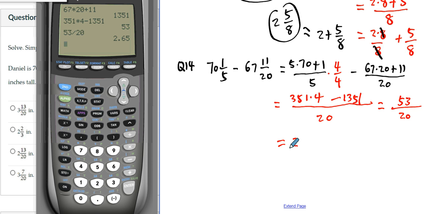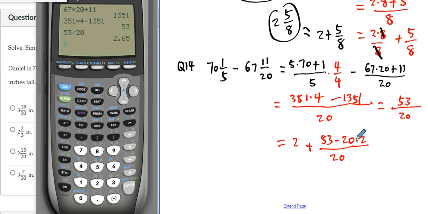Yeah. Then how about the things left? Things left is easy. That will be 53 minus 20 times 2.